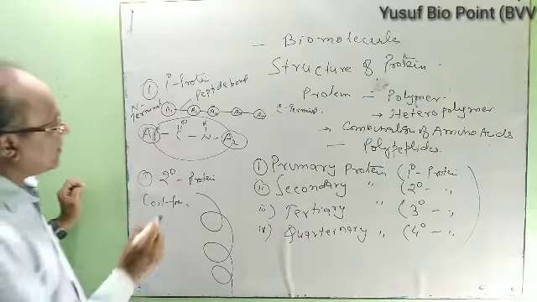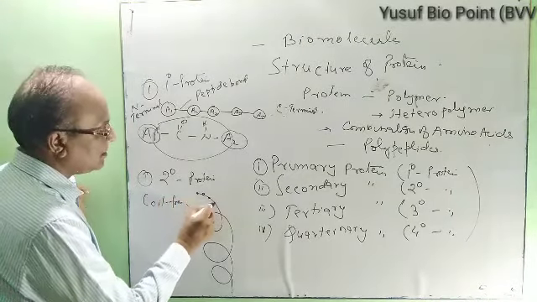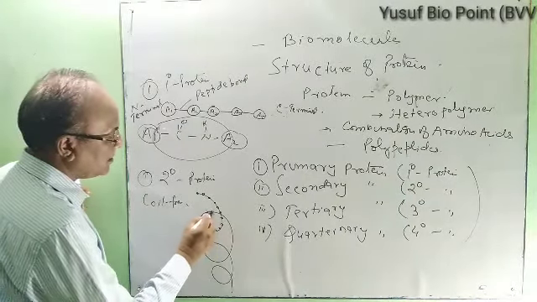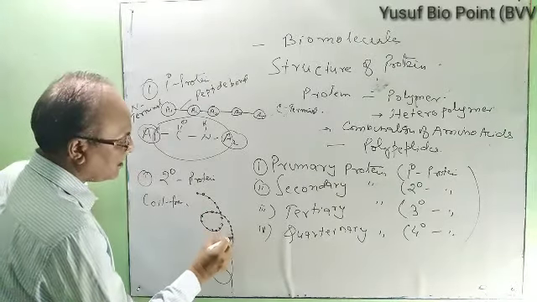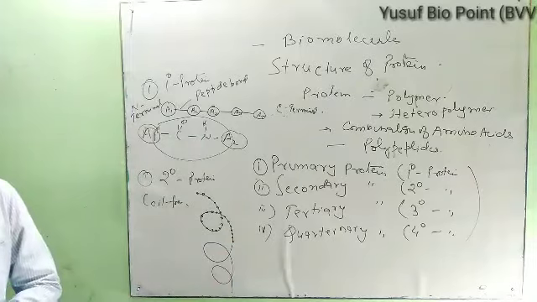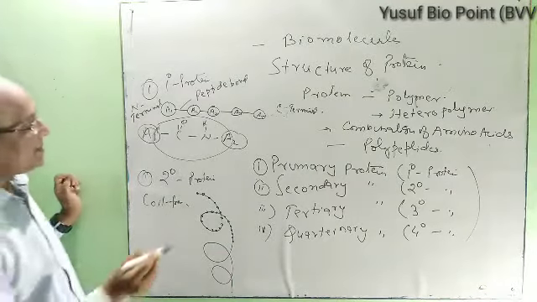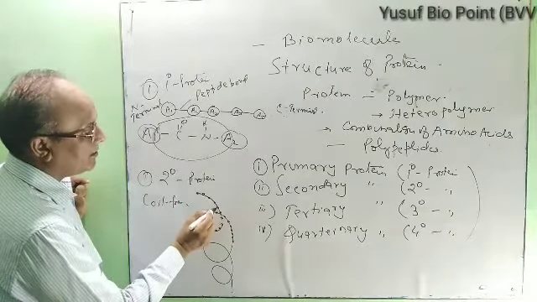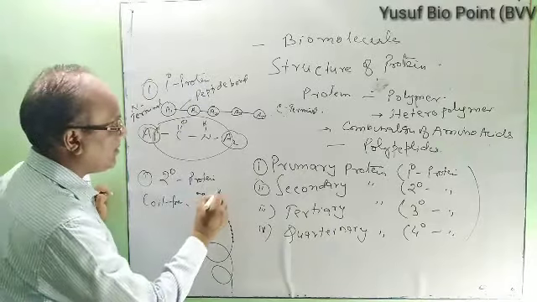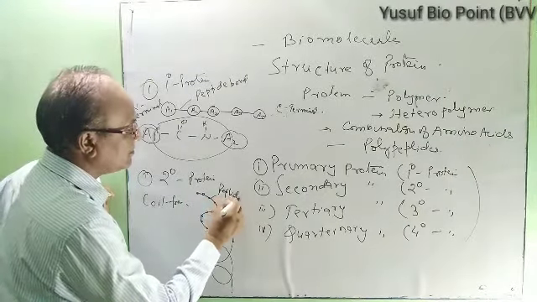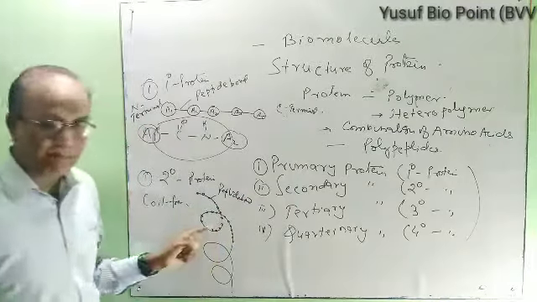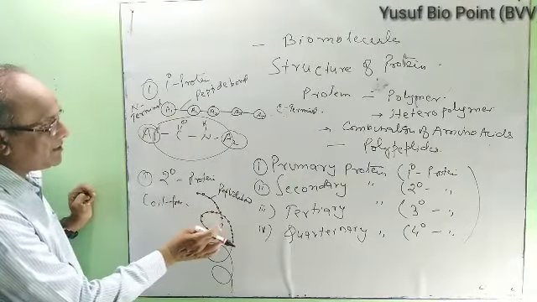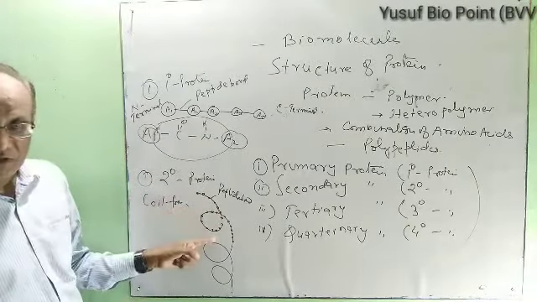And second, these amino acids are found on the chains. These amino acids are attached with each other by means of peptide bonds. So these are peptide bonds.